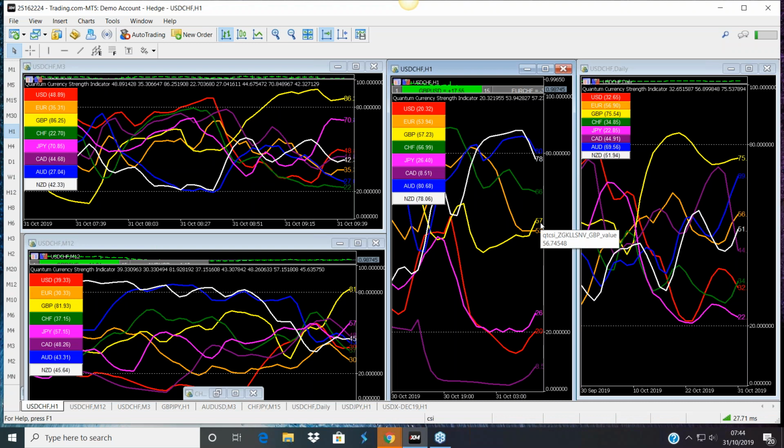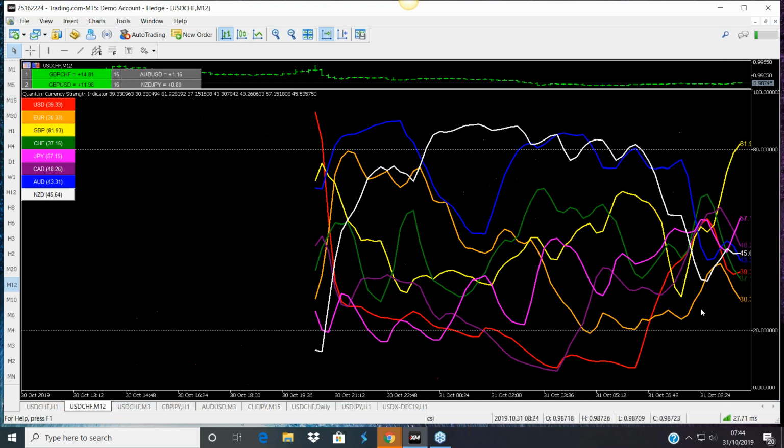The one that catches my eye at the moment is the pound Aussie. There's been pound buying, Aussie selling, and when I go down to my faster time frame charts, I can see here on the 12-minute chart that the pound is reaching a point of exhaustion on this time frame. It's been bought quite steadily this morning. But what I'm also interested in is the Aussie. The Aussie is still selling off.